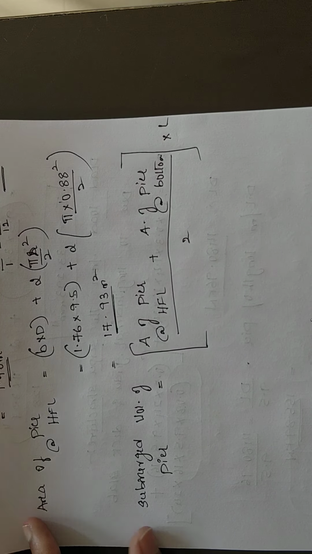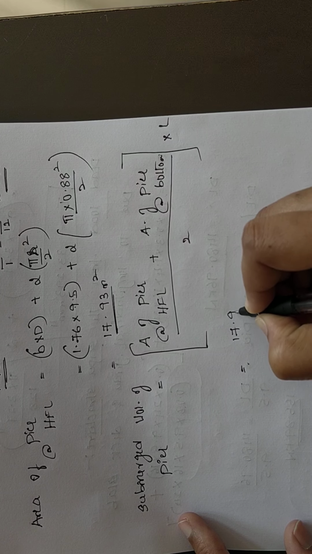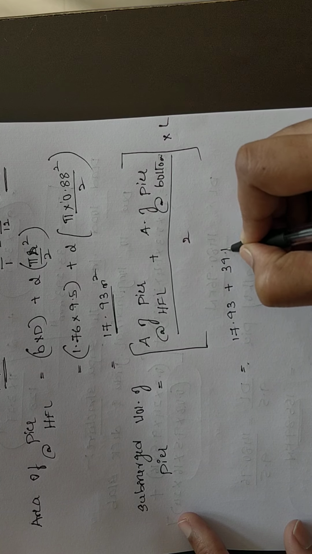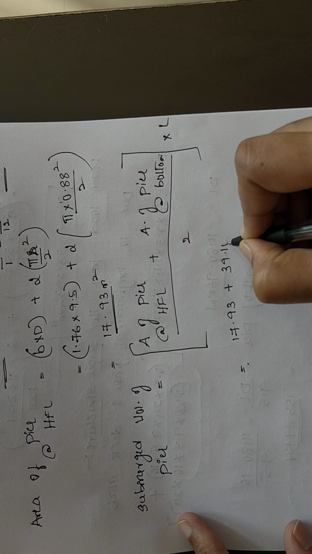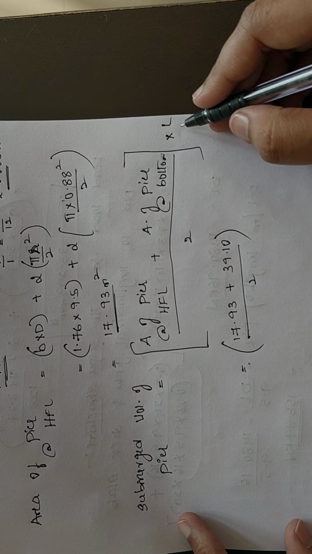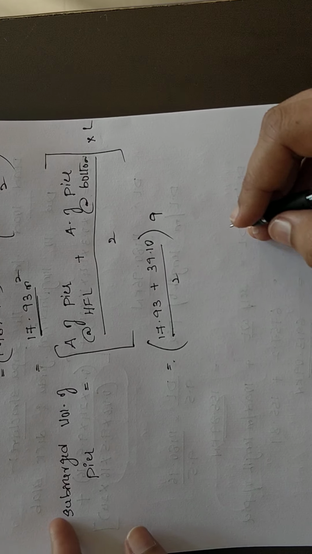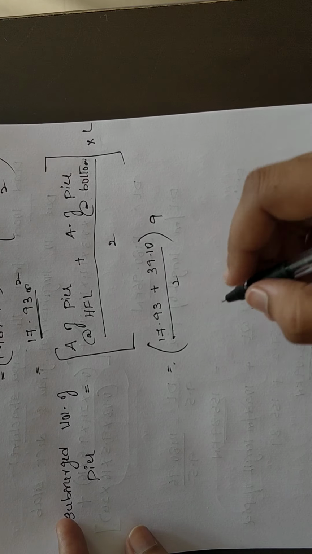Area of the pier at HFL is 17.93 plus area of the pier at the bottom, calculated in the earlier step, that is 39.10, divided by 2, and the total length of the pier below HFL is 9 meter. Then you will get 256.63 meter cube. This is the submerged volume of the pier.